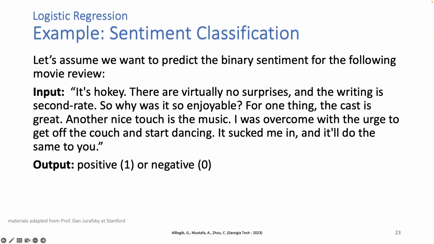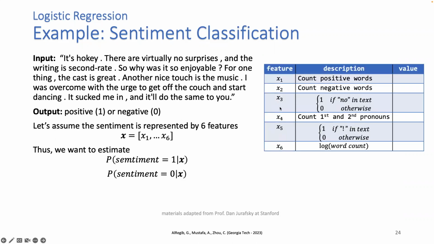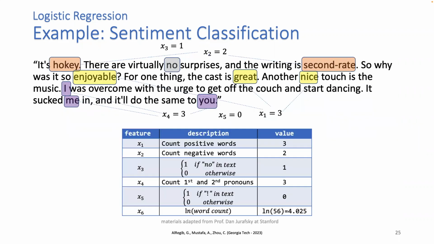Imagine that somebody tells you the first feature is how many positive words, the second is how many negative words, X3 is 1 if "no" is in the text, 0 otherwise, and so on. So you can come up with a number of features, and then you start counting and looking at the values, and create the feature vector for your data.